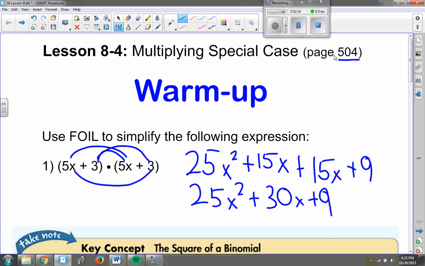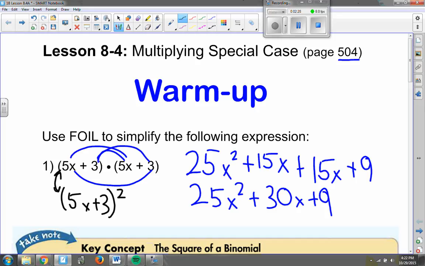Now, hopefully we can remember from chapter 7 and before, when we are multiplying something times itself, that means we are doing that thing squared, right? This is (5x + 3) squared, or 5x plus 3 times itself.